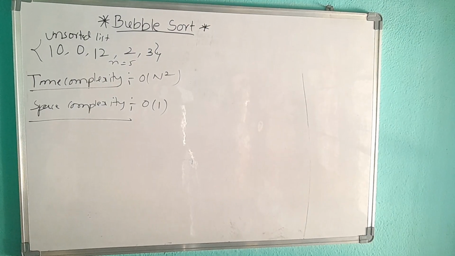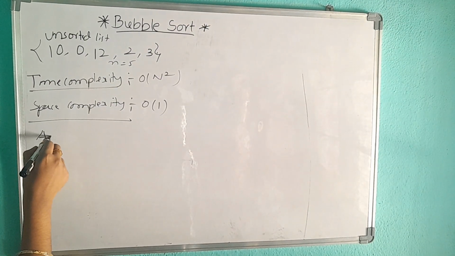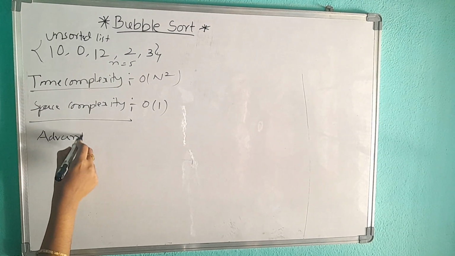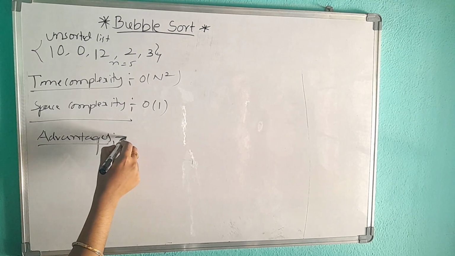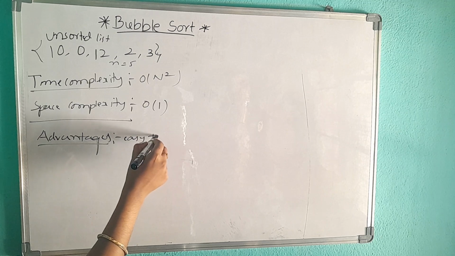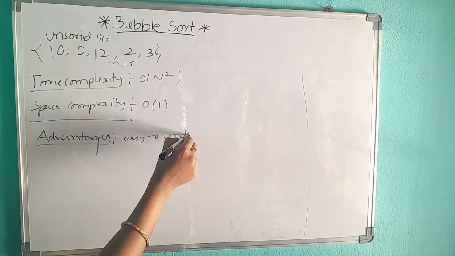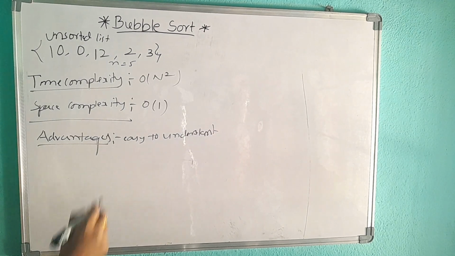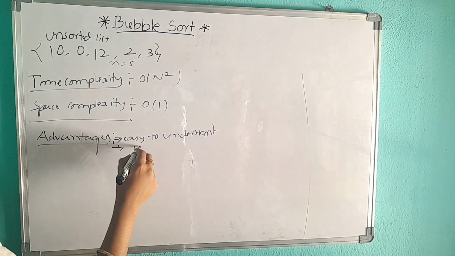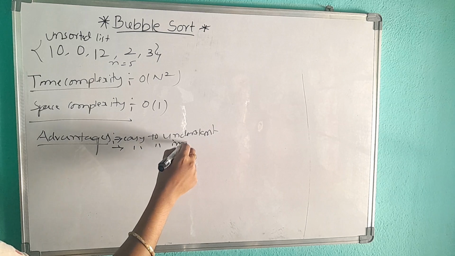Space complexity is order of 1. And advantages. Easy to understand and implement. It is a very easy sorting algorithm and implementation is also easy.